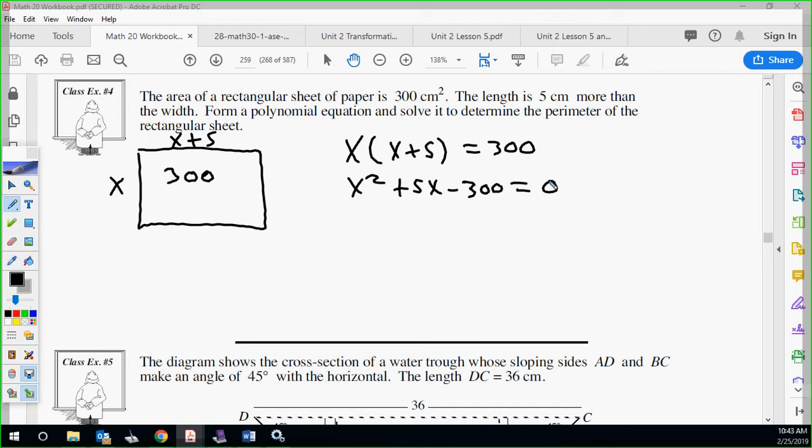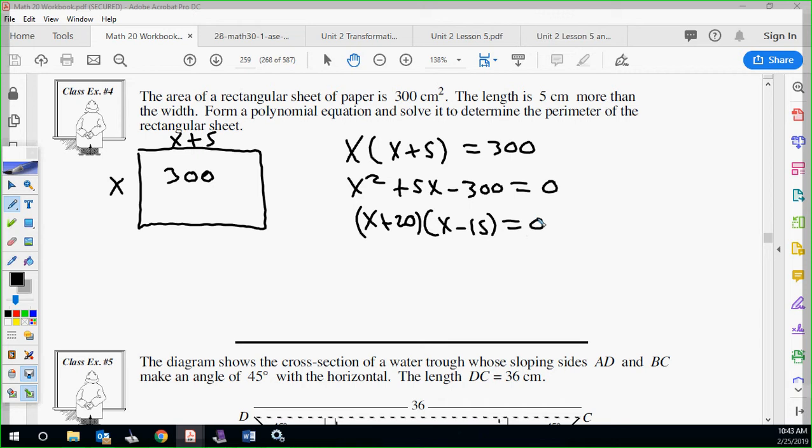Okay. Factors of 300 that are 5 apart. Anybody get that quick, or what do you think? 20 and 15, good. So 20 and 15 means x plus 20, x minus 15 are the two numbers I want.